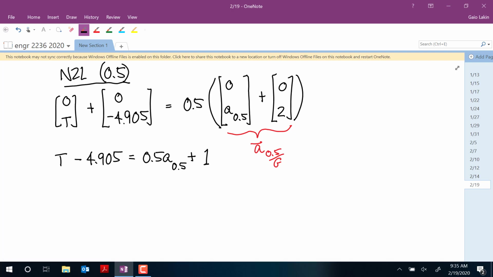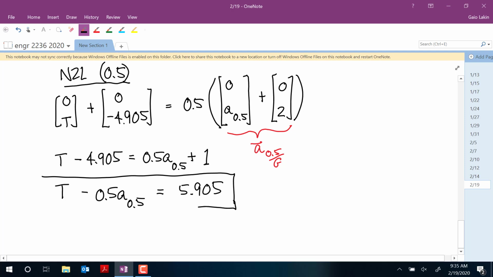And so T minus 0.5 a_0.5 is equal to 5.905. So that's our star equation, our first one. We can't solve it just like in part A because it's two variables for one equation.